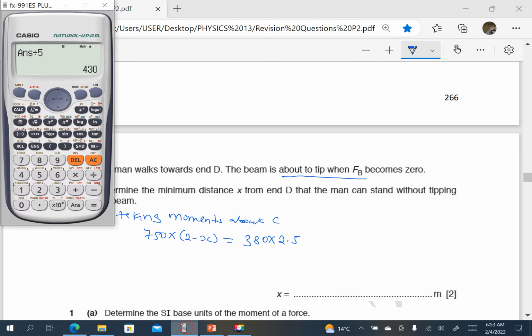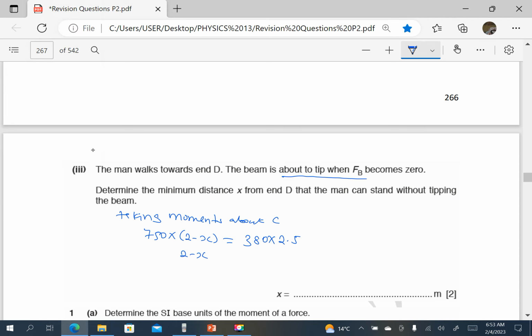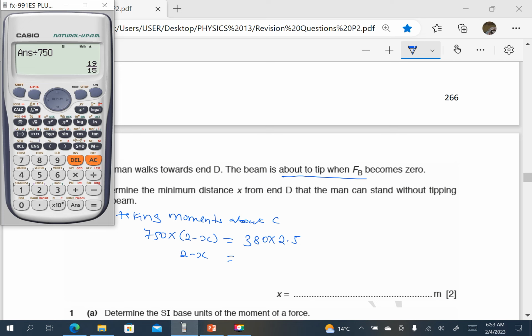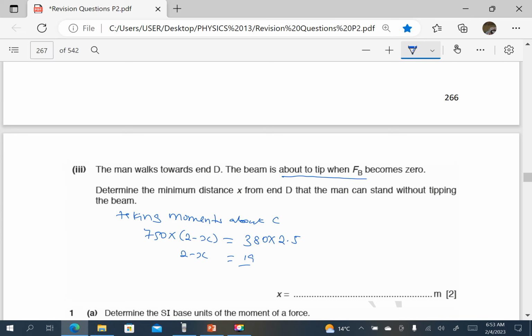So we have 380 times 2.5 divided by 750, so 2 minus x equals 19 over 15.